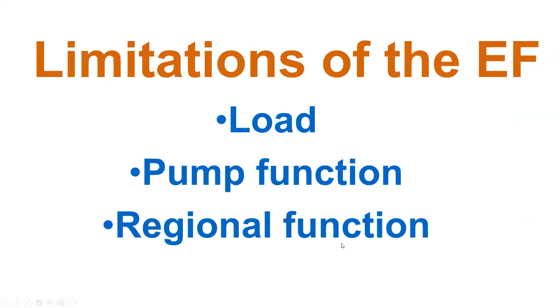And finally, you can have a normal ejection fraction with abnormalities in regional function. As you know, you can have an inferior wall motion abnormality due to right coronary disease, but a preserved ejection fraction because other parts of the ventricle may become hyperdynamic to keep the stroke volume normal.